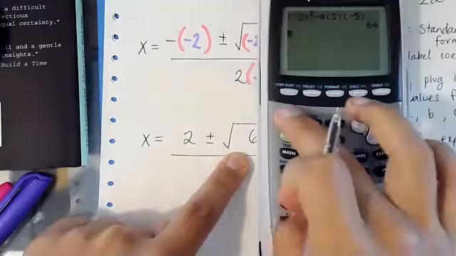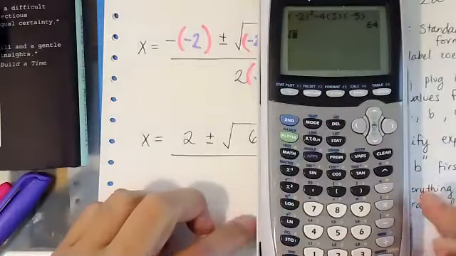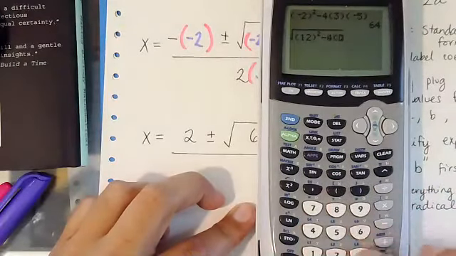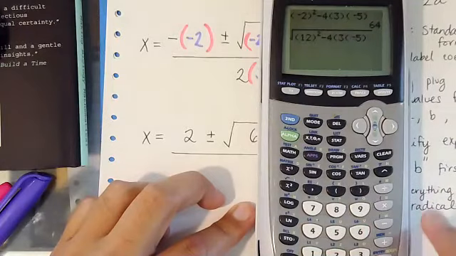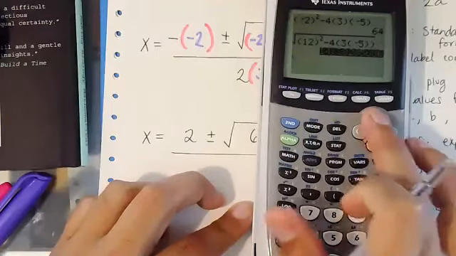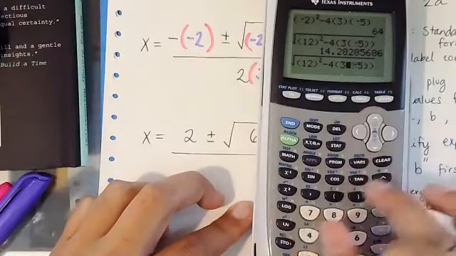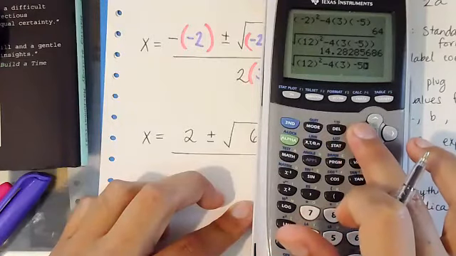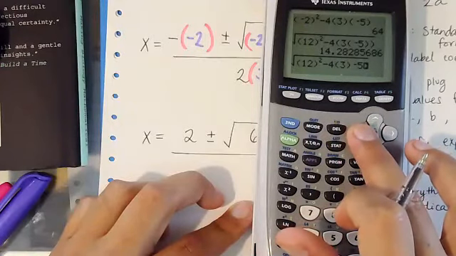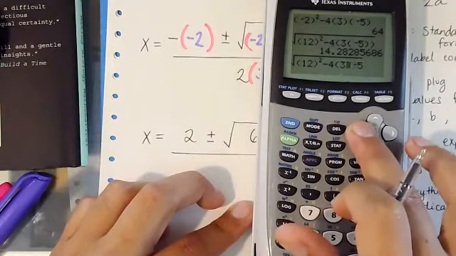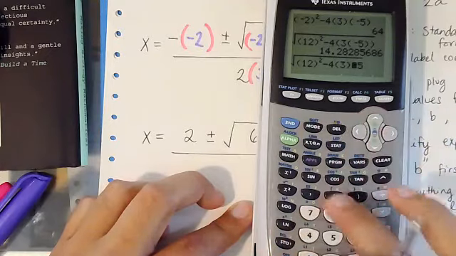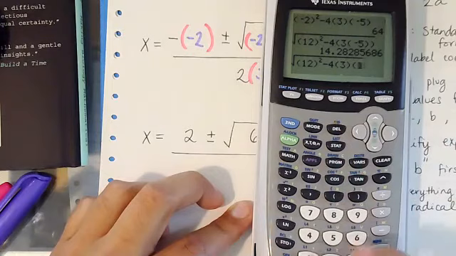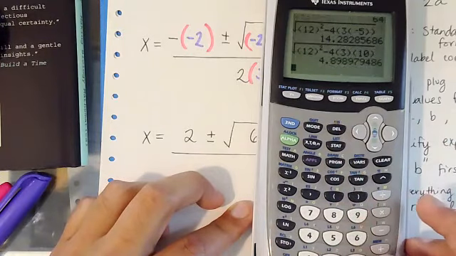For instance, if we had done the square root of, let's say, 12 squared minus 4 times 3 times negative 5, or some other numbers.